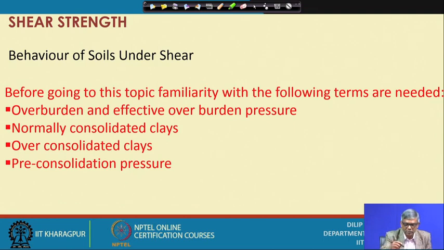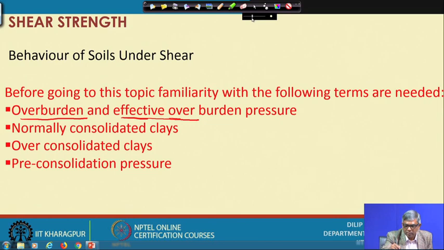The terms I have written here are overburden and effective overburden. Overburden: suppose this is the ground and I consider a point here.